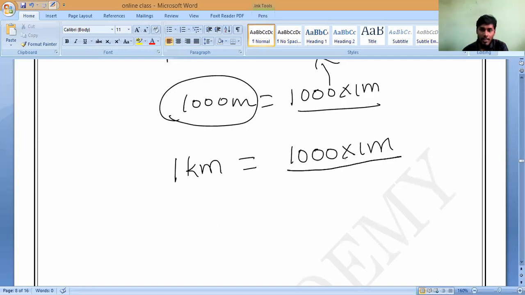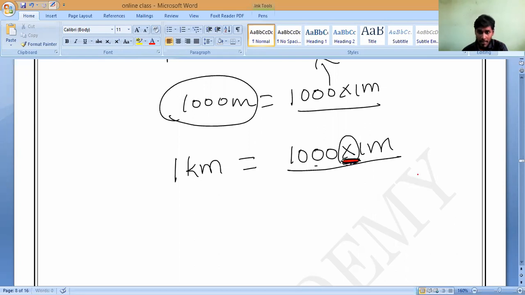Now 1,000 is in what? Is it in multiplication or division or addition or subtraction? What is the mathematical operation? What is this symbol?